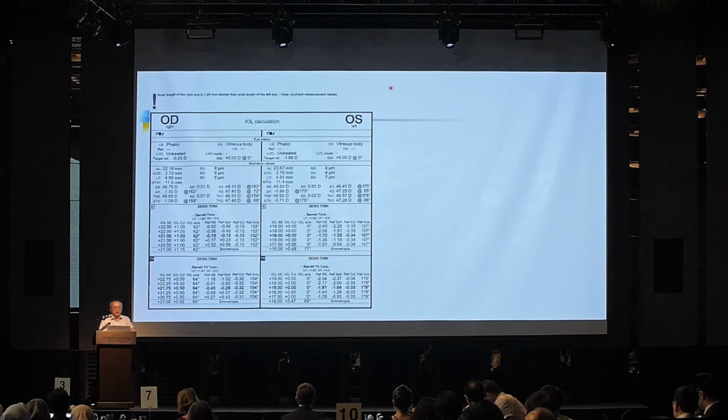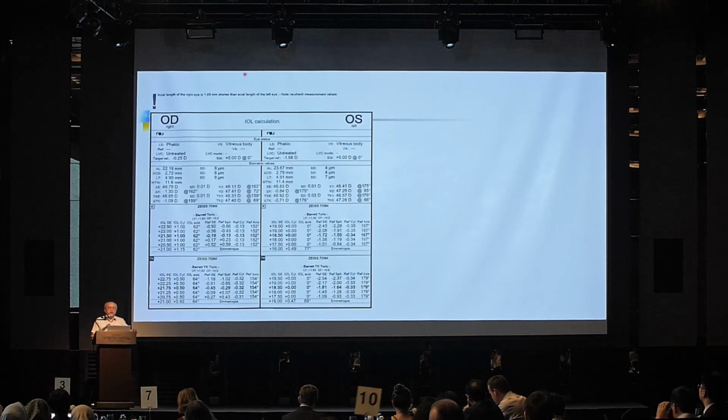This is, of course, anisometropia. Here you can see that the 2 eyes' measurements are very different. When the measurements are very different, first, is it reliable? Second, you've got to plan the IOL for the 2 eyes. Whether it's monovision or multifocal, you've got to make sure the IOL power you want to implant is available for both eyes.